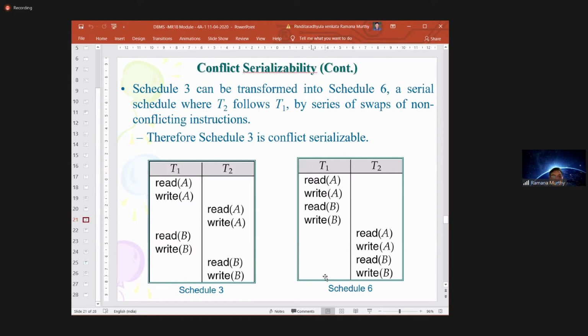So in both schedules S3 and S6, A is read first by T1 only, transaction T1 only. So that is condition number one.